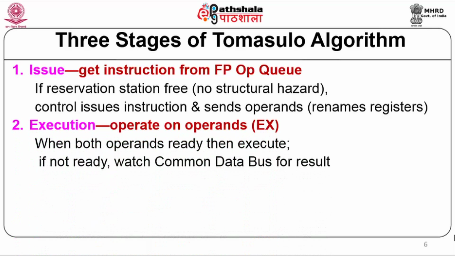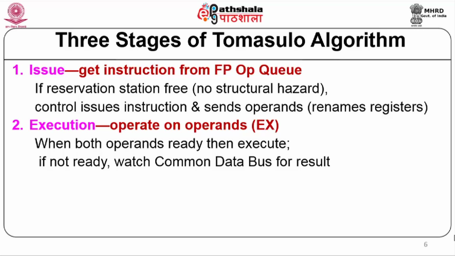The next stage is the execution stage. So, the execution stage is when the operands have already become available for the instruction. So, when both the operands for the instruction become available, the instruction automatically enters the execution stage in the next clock cycle. So, if it is a floating point multiply instruction, once the reservation station gets filled up with both the operands for multiplication, it automatically is passed on to the multiplier unit.